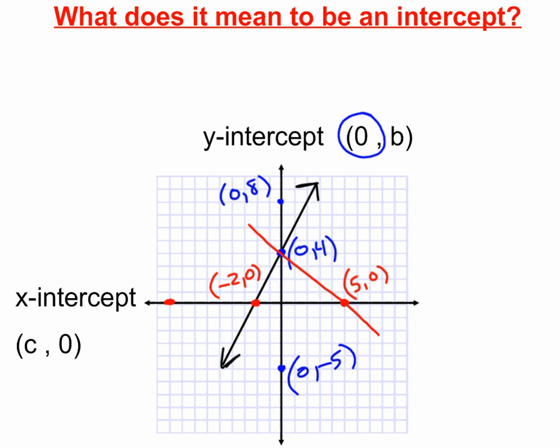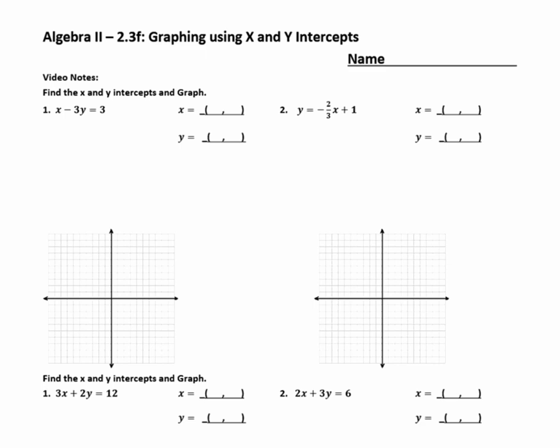Let's say that we had a line that crossed through there. Oh, that's not a very straight line. You should draw a better straight line than that. But the thing that I want you to notice is that the x-intercept there is negative 9 comma 0. Notice that the y value is always 0 when we have an x-intercept. So keep that in mind as we go and are trying to graph these using those 2 points.